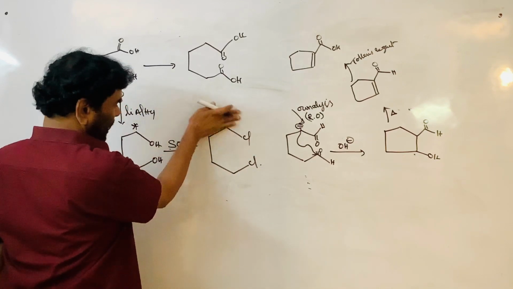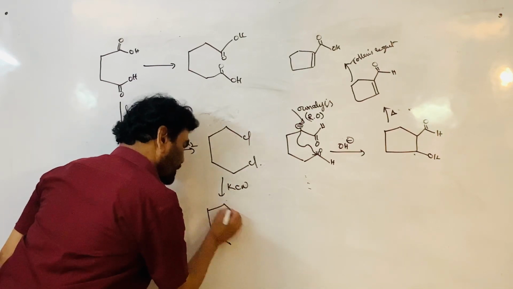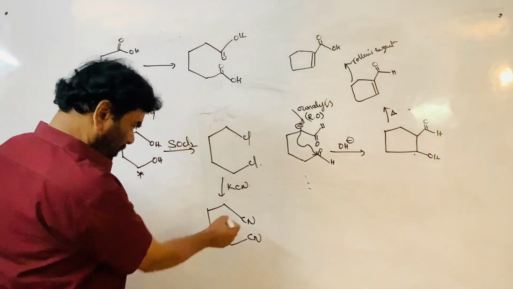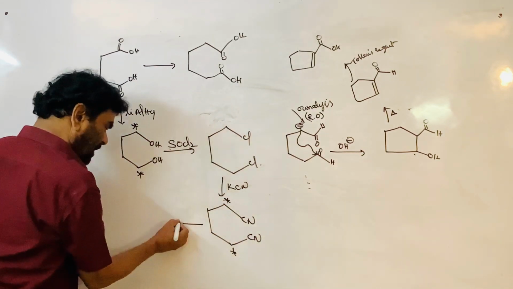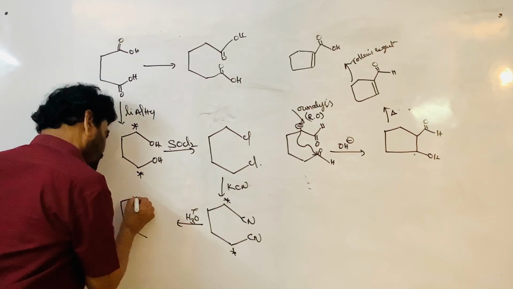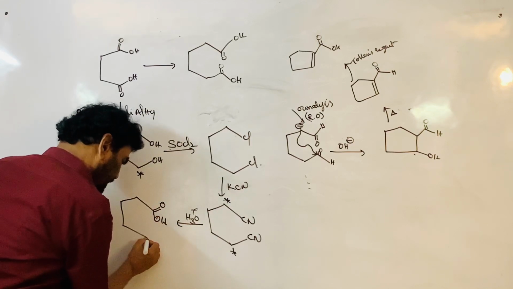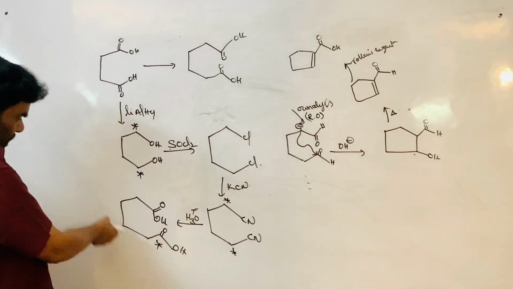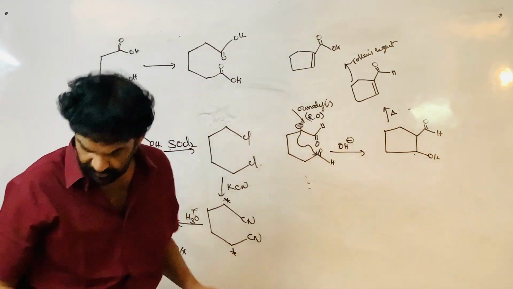Cyano group is introduced in place of the Cl. On hydrolysis this is converted into the carboxylic acid. So hexane 1,6-dioic acid, or adipic acid, is formed.